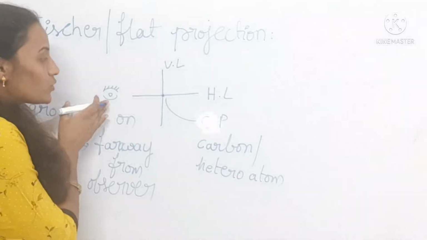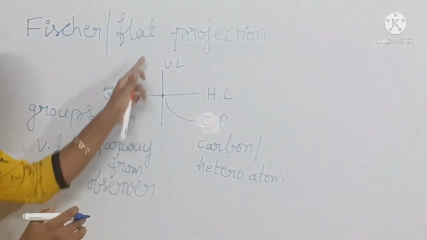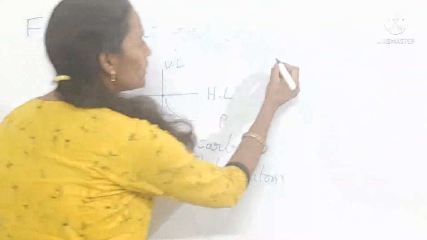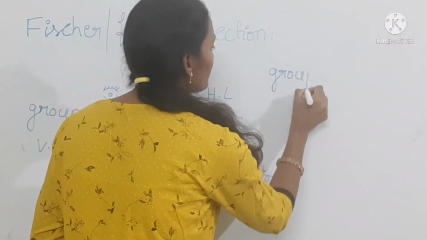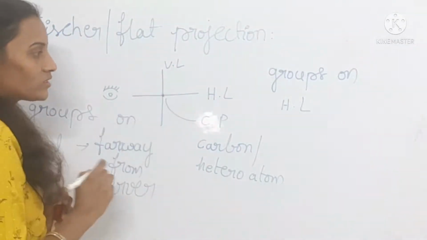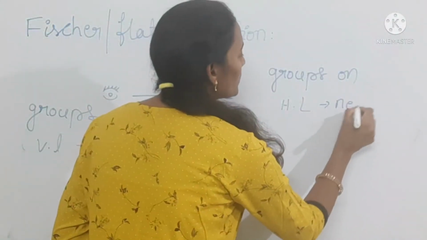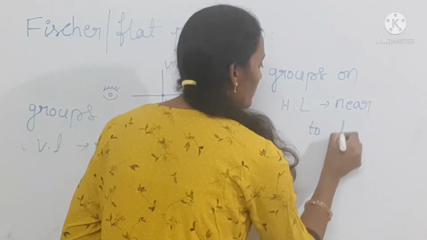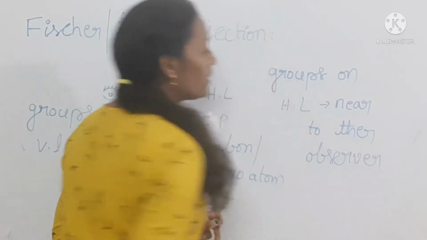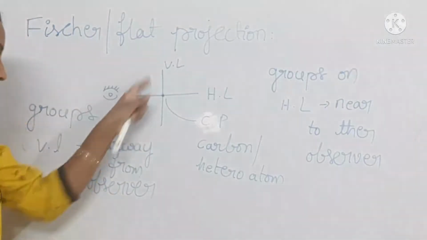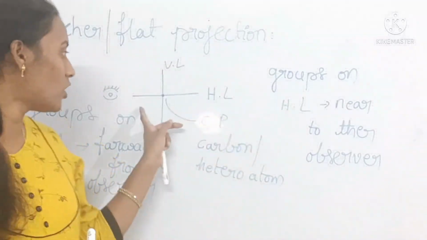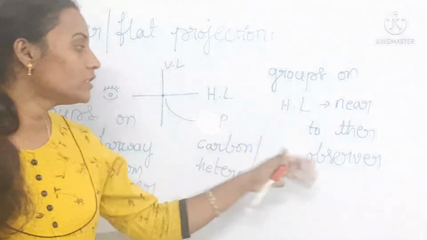With respect to this observer, the groups which are on the vertical line are away from his eye. Coming to the groups which are present on the horizontal line, they are near to the observer. The groups on the vertical line are far away from the observer, and the groups on the horizontal line, see this one, are near to the observer.